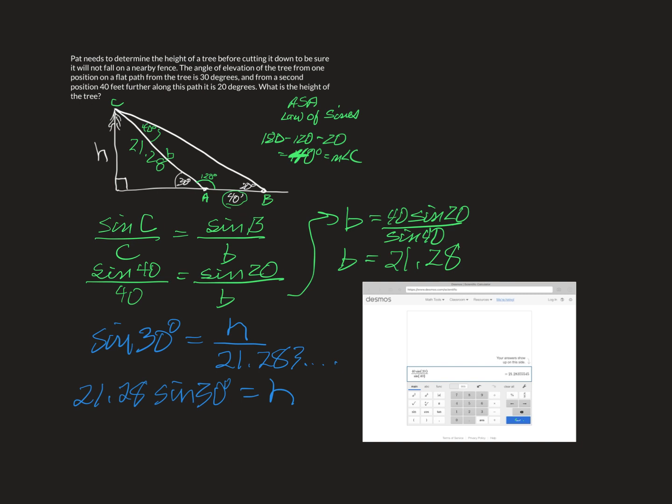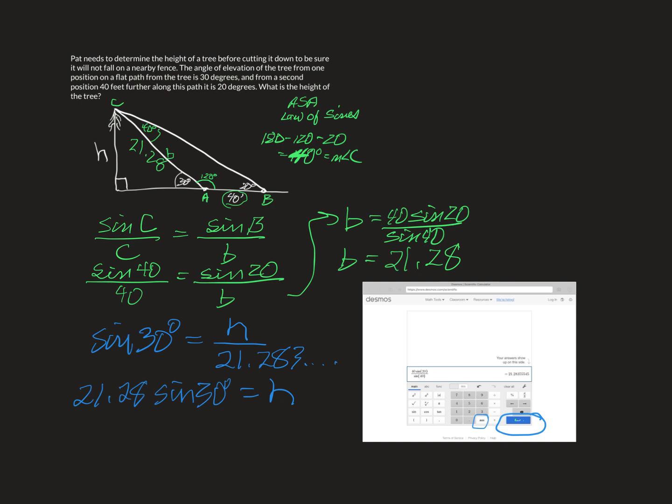So on the Desmos calculator, what you would do is click this arrow, and that would give you a blank, and then you would click answer right here, and that answer would pop up, and it would just say answer, but it would be 21.28355555045, however many decimal places are there, it would put that there.